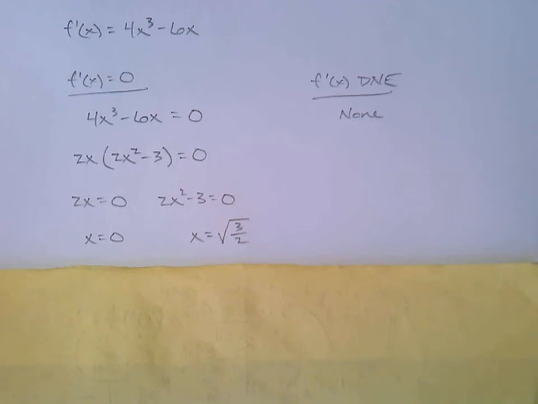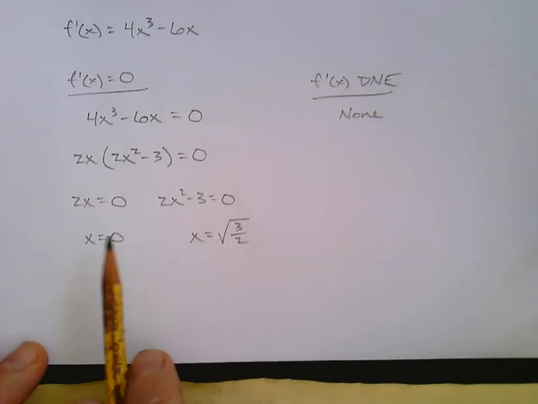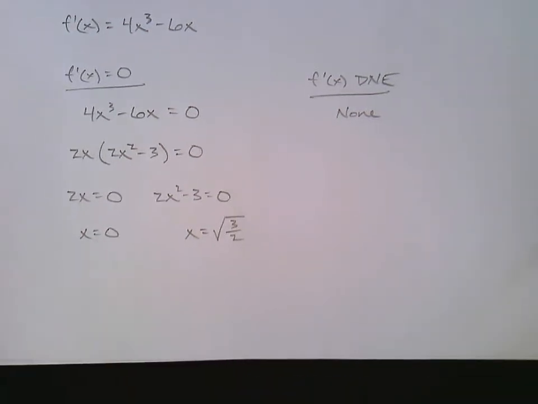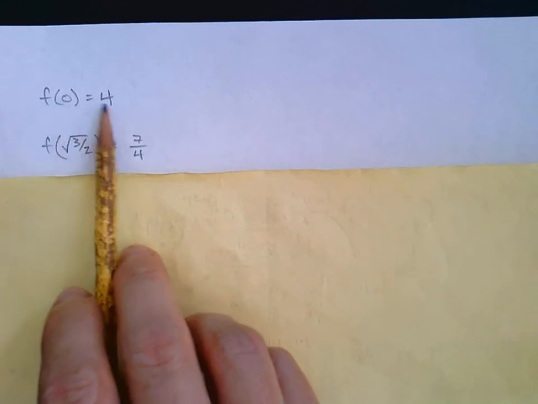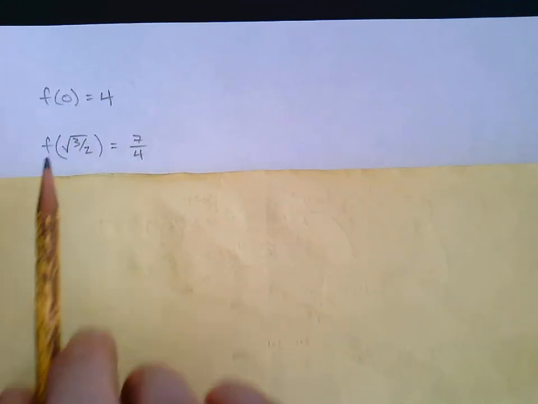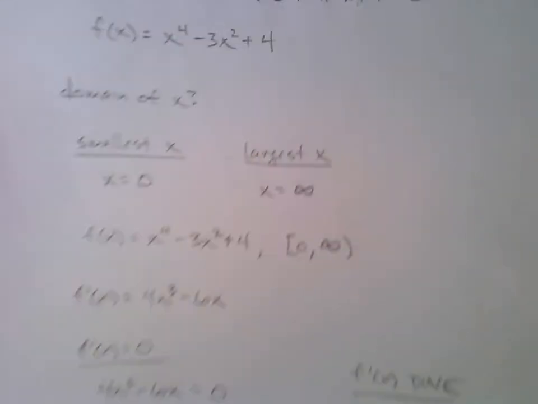Okay, so we got our two criticals, and actually this was one of the endpoints on the interval. So to finish this off, we'll plug in both of those critical numbers we found into f, the original f, which was back here.